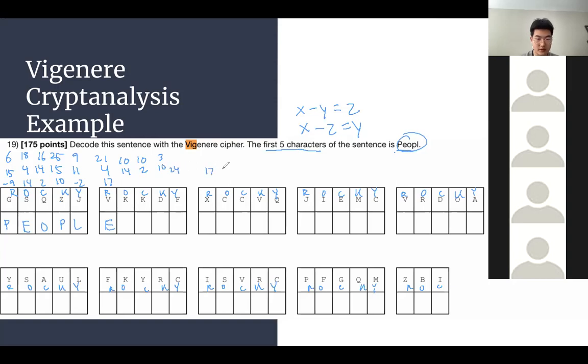I think I'm just going to convert the top first. And then look at it. 17, 14, 2, 10, 24.